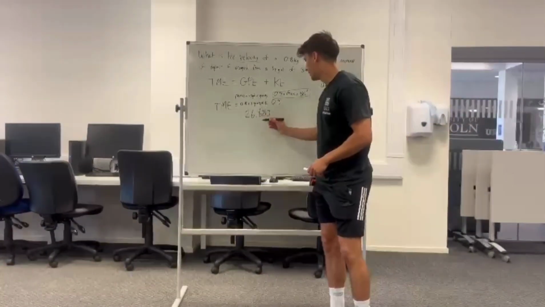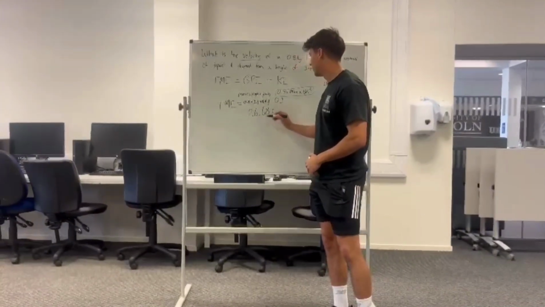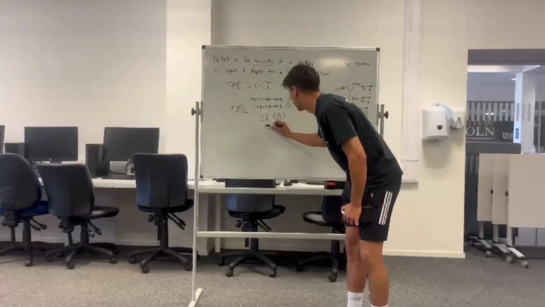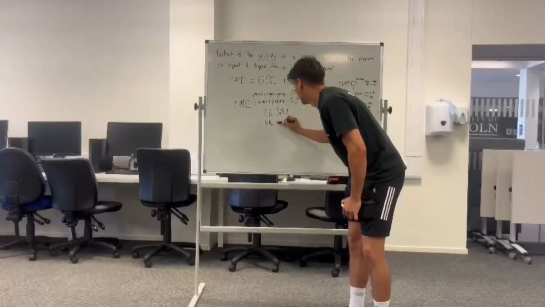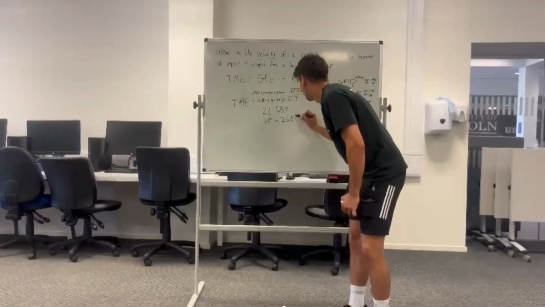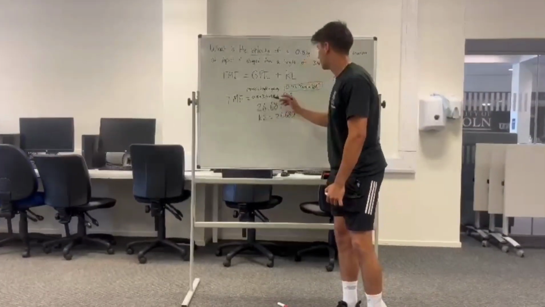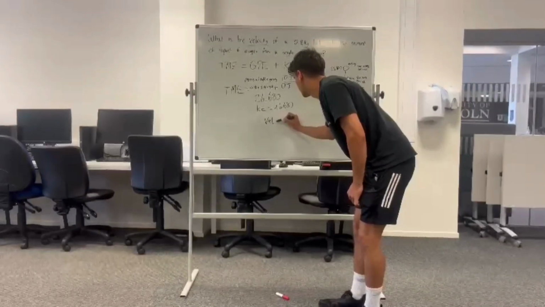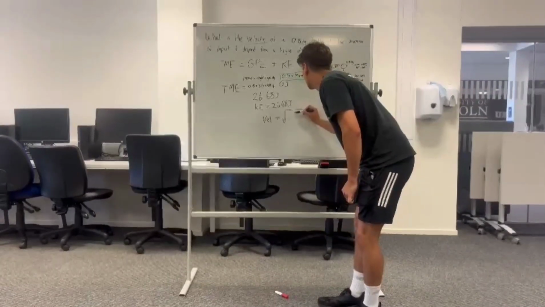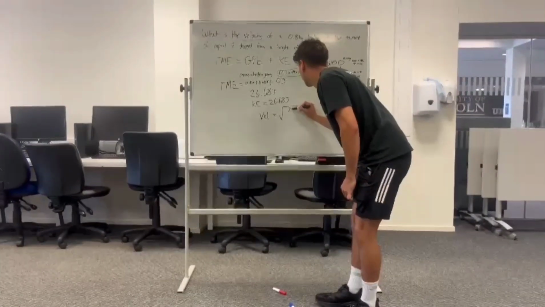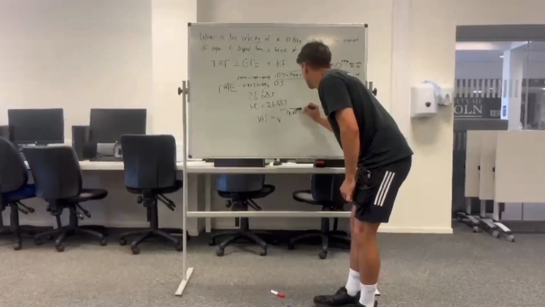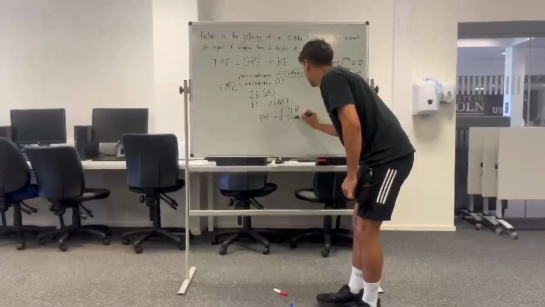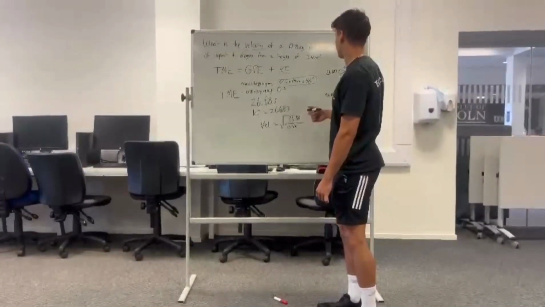So we now know at the bottom total mechanical energy is all kinetic energy. So kinetic energy we have 26.68 joules, and if we rearrange this equation, then velocity equals the square root of kinetic energy, which is 26.68, divided by half times mass, which is 0.8.